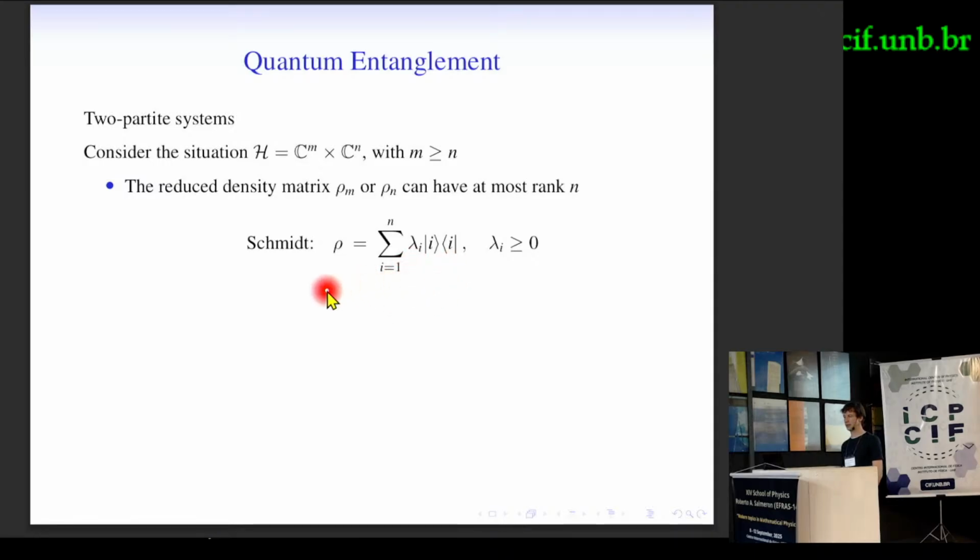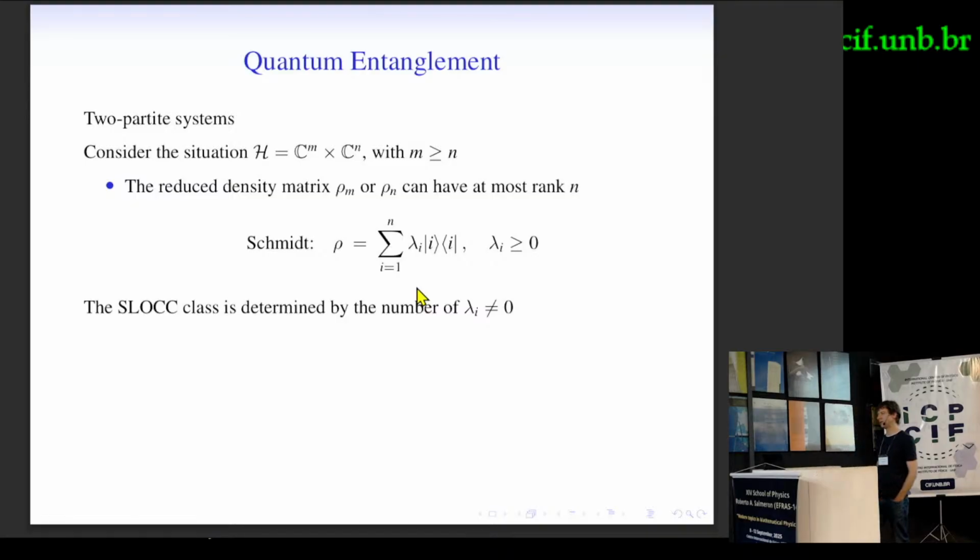So you can always write any matrix in this form, with certain non-negative coefficients. Some of these coefficients might be 0, and you count the number of non-zero coefficients, and this number, 1, 2, 3, will define which class the state belongs to.